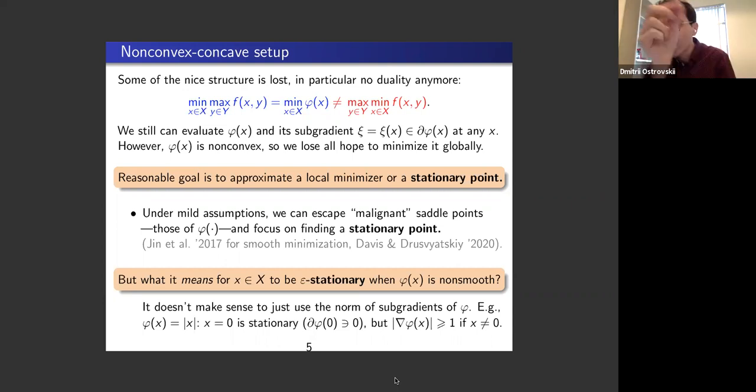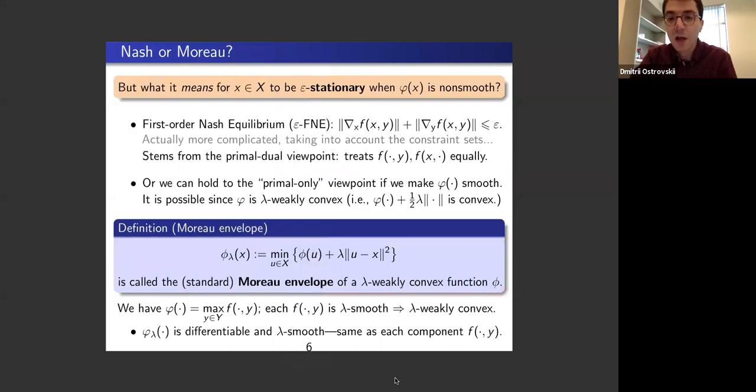So you need to get rid of the kinks. You need to smooth out your function, and there is a standard way of doing this. We will go over it in the next slide. It's called Moreau smoothing.